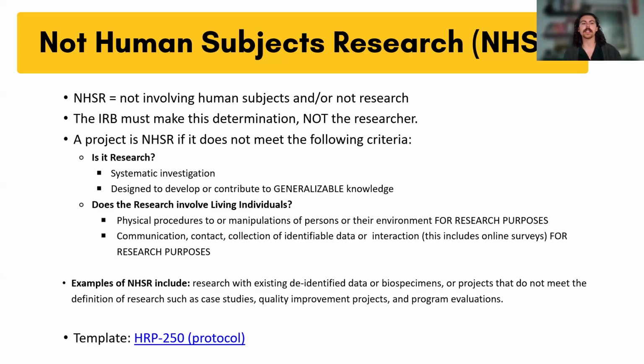So it's not necessarily systematic and it might not contribute generalizable knowledge. Now, for research that falls into this category, there's a template form. You're going to see at the bottom of each of these pages, there's a template form, HRP 250. The numbers don't really make sense, but they will once we get to looking at the actual Huron library. So yeah, that's not human subjects research. Now I'm going to continue.